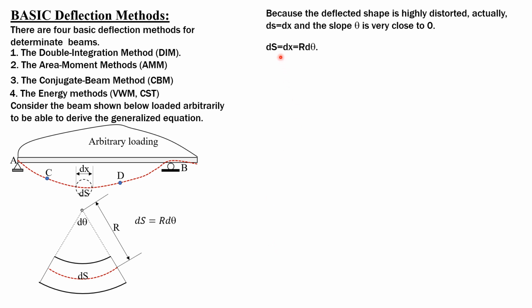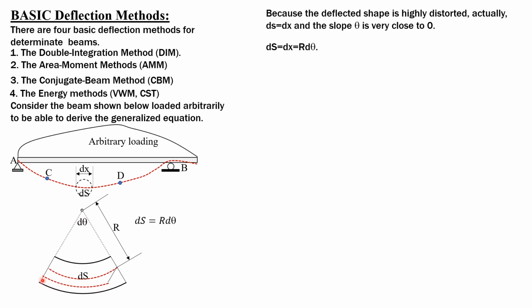So ds is equal to dx, and dx is equal to, from this equation, r d theta. So then we draw a line parallel to this radius here so that the angle formed between these two lines is the same as theta.